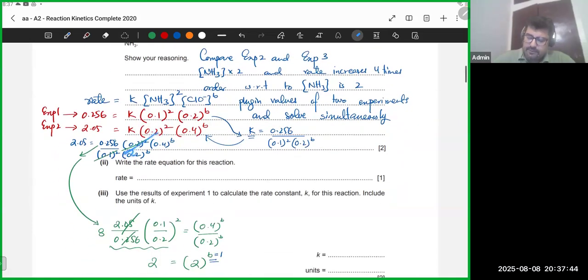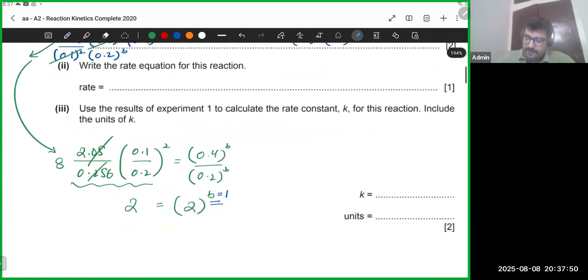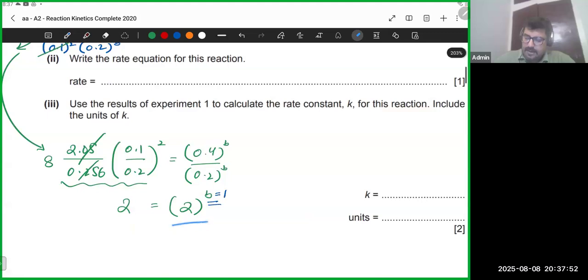And once I solved all the math, what I eventually got at the end was 2 to the power b is equal to 2, which meant that b was 1. Is this clear to everyone?